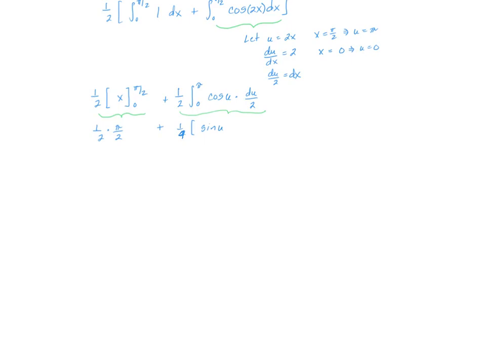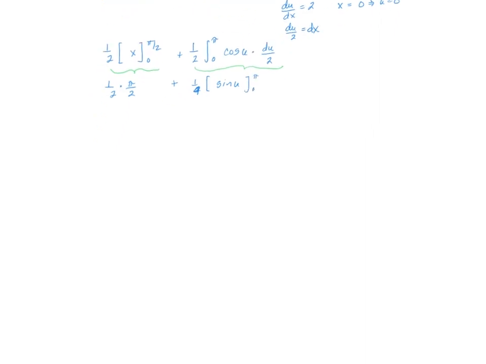So that's just sine of u evaluated from 0 to pi. First piece becomes pi over 4. This second piece here, sine of pi is 0 minus sine of 0 is 0. So this just becomes 0. And the answer would just be pi over 4.